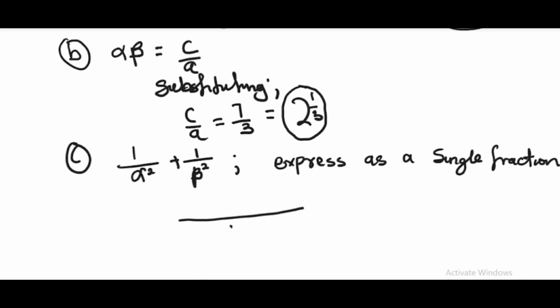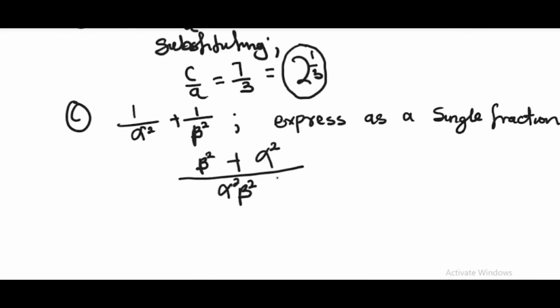So we'll have alpha squared beta squared as the LCM. Alpha squared beta squared divided by alpha squared gives beta squared, plus alpha squared beta squared divided by beta squared gives alpha squared. Now let's start with the numerator.